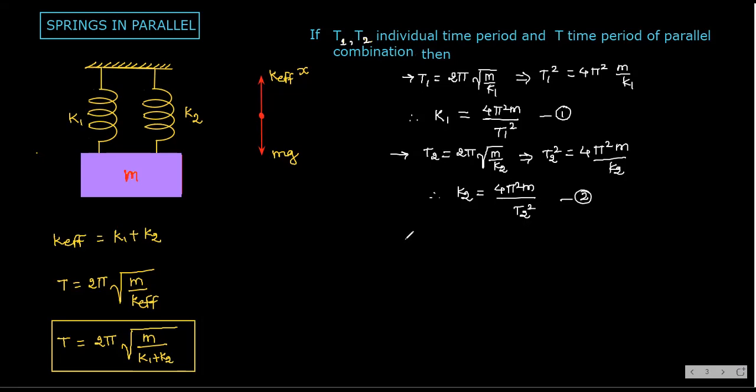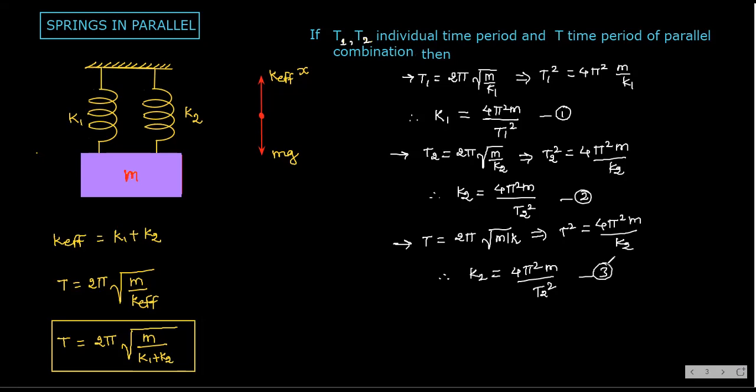Next one, that is the third one, combined time period T is equal to 2 pi under root m by K, and that implies T square is equal to 4 pi square m by K, and therefore K is equal to 4 pi square m by T square. Call this equation number 3.